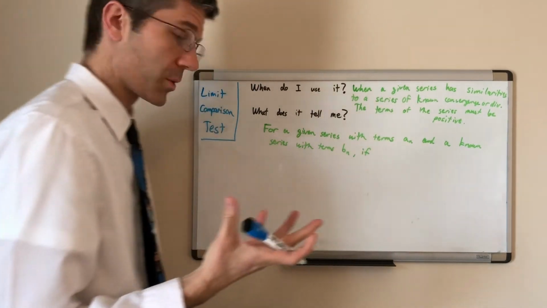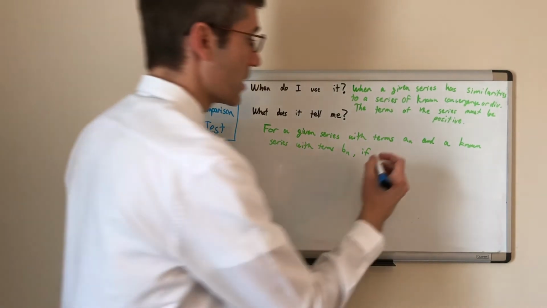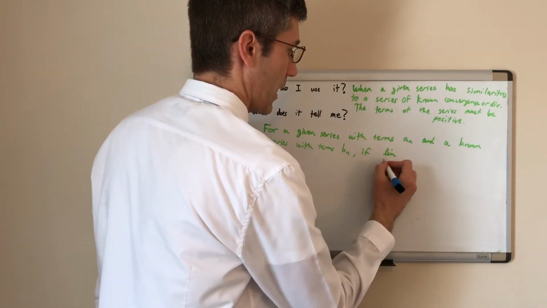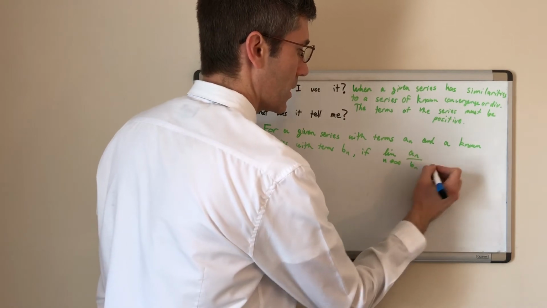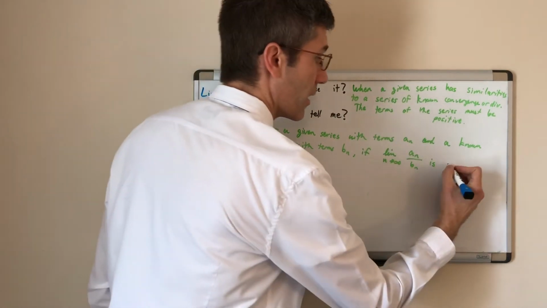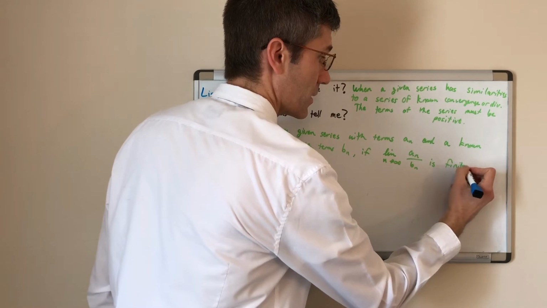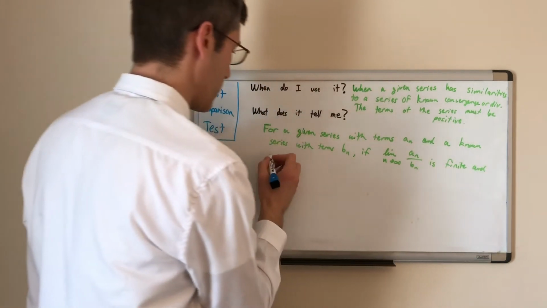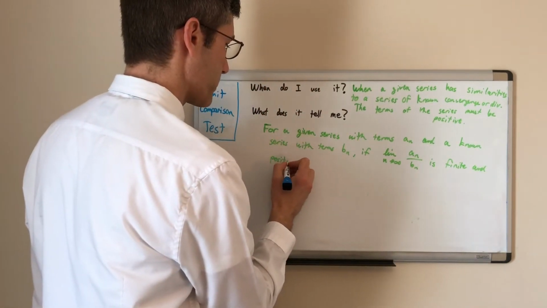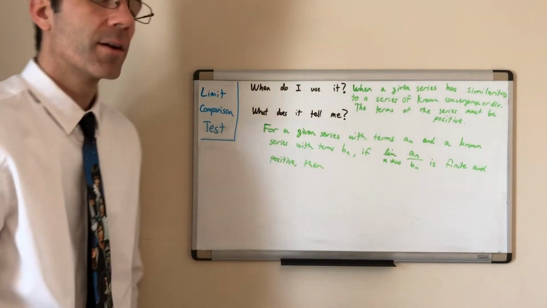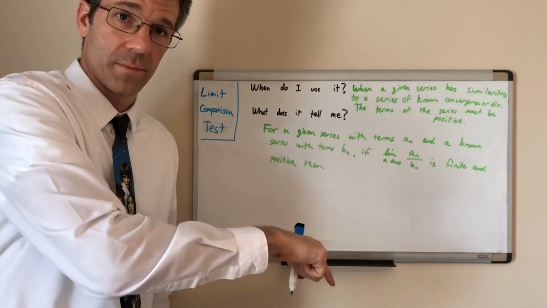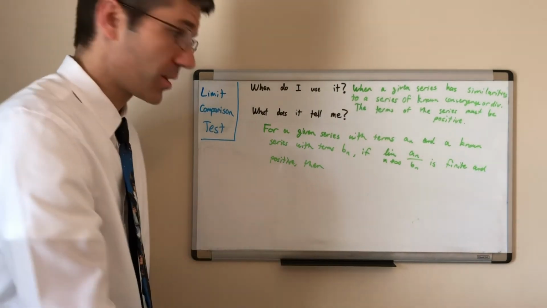If, now here's where the limit comes in, we're going to divide the terms. So the limit as n approaches infinity of an over bn is finite and positive. Then what? Well, I know one of them, so this will tell me what happens to the other one.